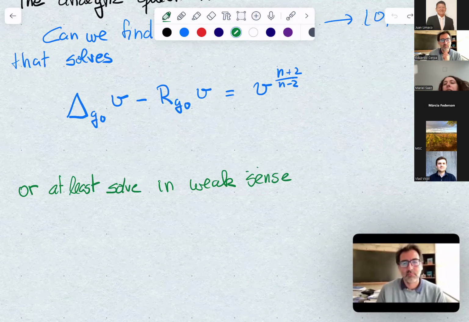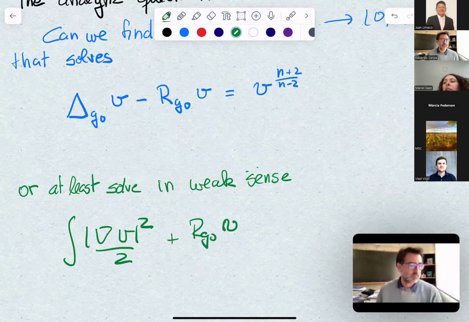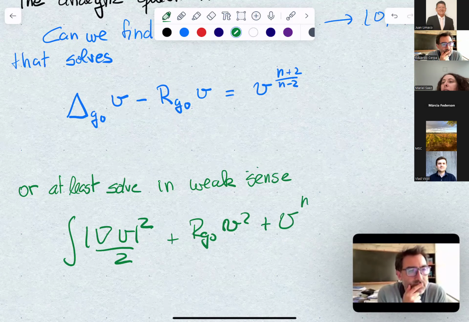If you want to write an energy for that, the energy looks like the gradient plus the original scalar curvature, and this is, I guess, the important part. And you get something here like v to the (n+2)/(n-2) plus 1.